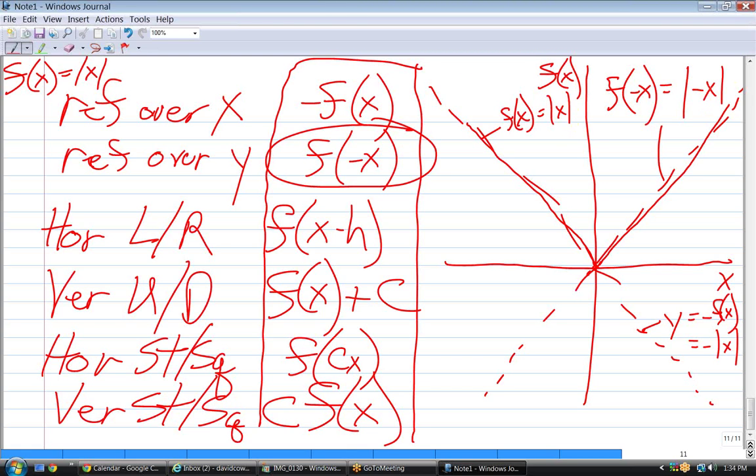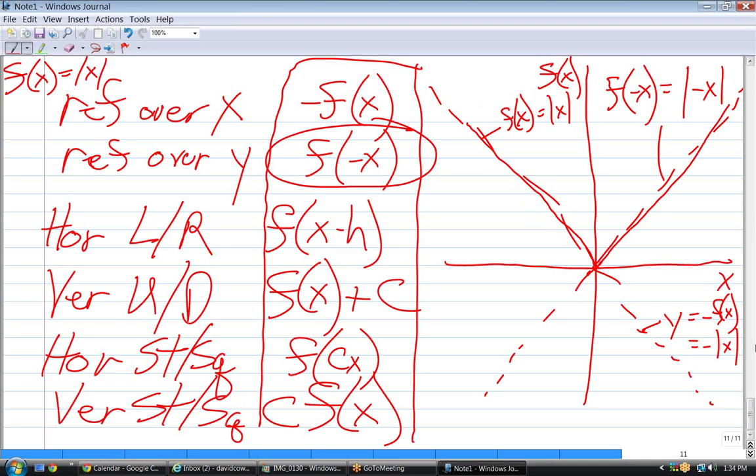No matter what x is, f of x is going to be the positive value of x. So if x was 2, this would still be 2. If x was minus 2, this would still be 2. That's why our graph looks exactly the same when you reflect over the y-axis.